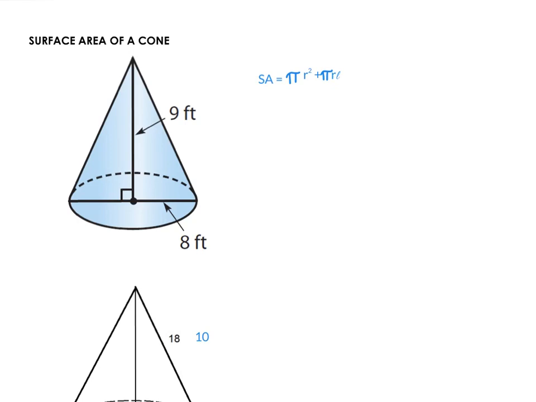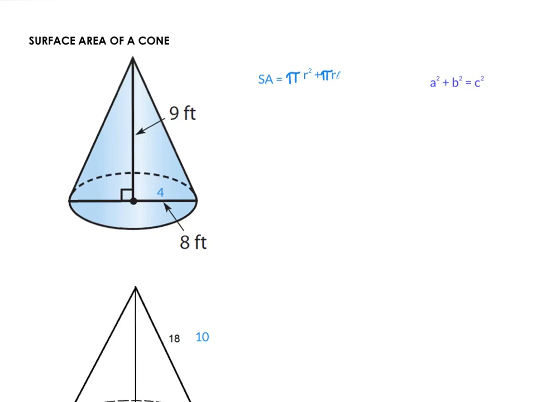So when I look at my picture, I see I don't actually know the slant height, so we're going to have to use what we did last time with the Pythagorean theorem since it's a right triangle. But I do know that half of the diameter is the radius, so I'm going to put a 4 here. Then I'm going to write my Pythagorean theorem off to the side. Then we fill in what we know. So I have the Pythagorean theorem, a squared plus b squared equals c squared.